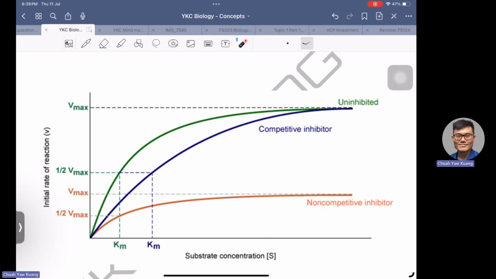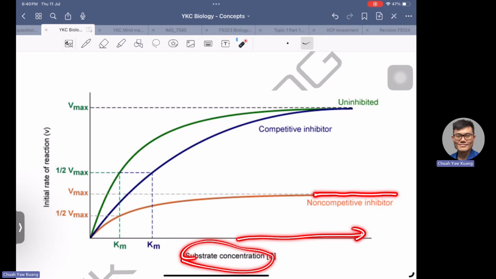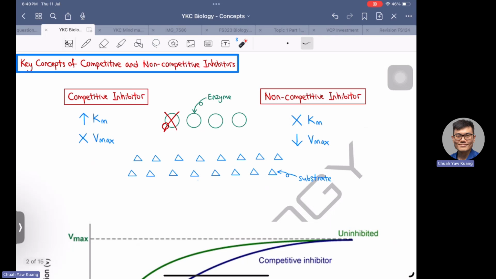No matter how much substrate you add in, the Vmax will always be lower than the original one. It will not increase. The reason is that no matter how much substrate you add, the number of enzymes that are available is still the same.